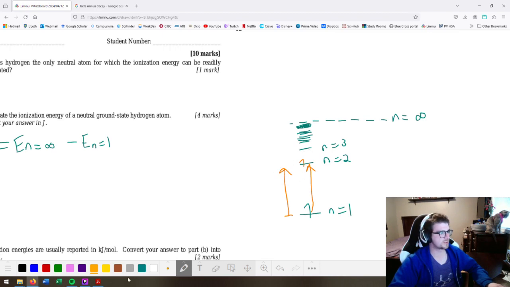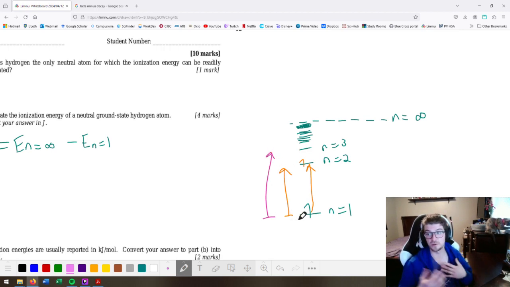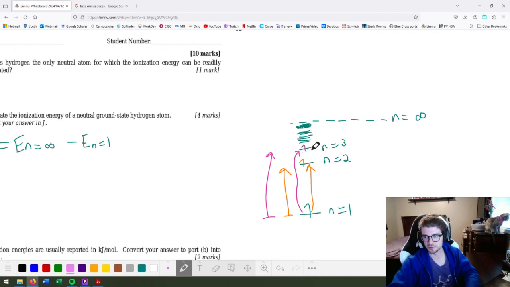Because this is all working on quantum systems, we have to absorb the same amount of energy as the energy gap between these levels. So if it absorbs a photon of that much energy, then you excite the electron up to n equals 3.